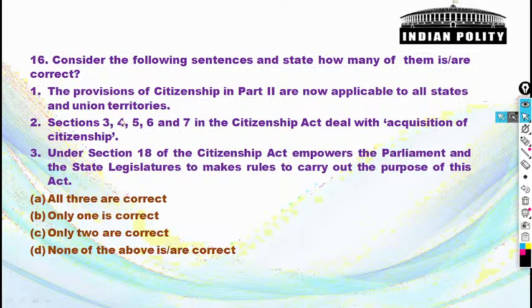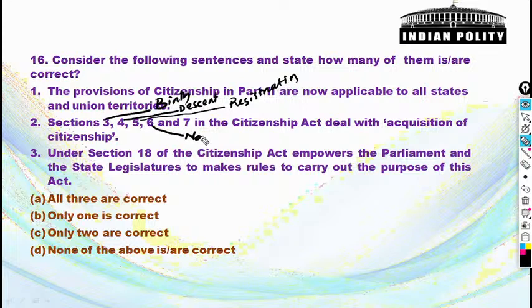Section 3 is by birth, Section 4 by descent, Section 5 by registration, Section 6 by naturalization, Section 7 by incorporation of territory. Got it?